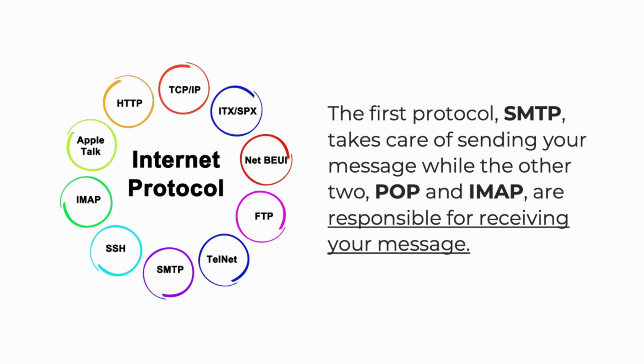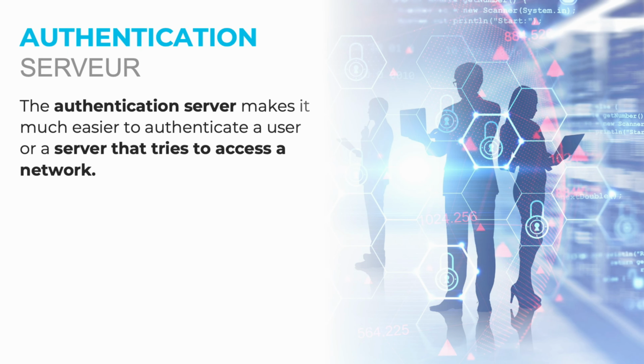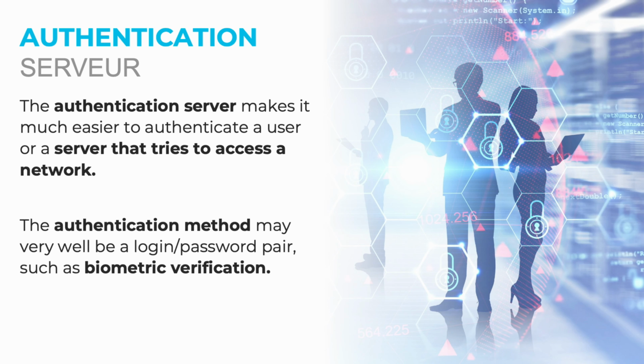The authentication server makes it much easier to authenticate a user or a server that tries to access a network. Authentication is the process of confirming the identity of the person or device before logging in. The authentication method may be a login-password pair, or even biometric verification.